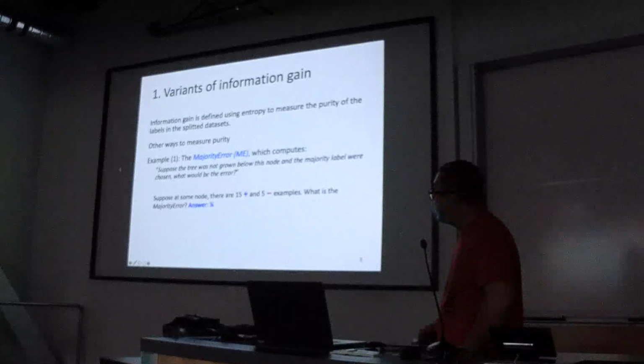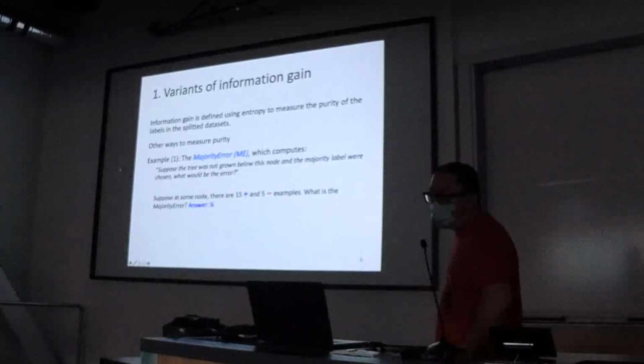And what if you have half positive, half negative? What is the majority error? 50%, right? Because whichever label you choose, you're going to mistakenly label the remaining half. So your majority error will be half.